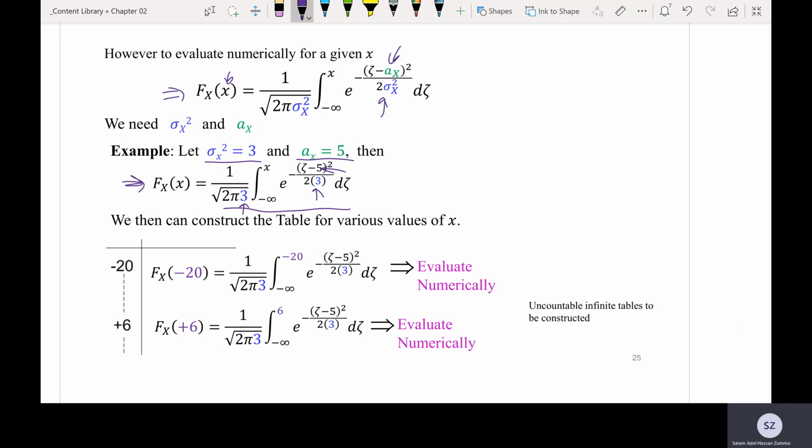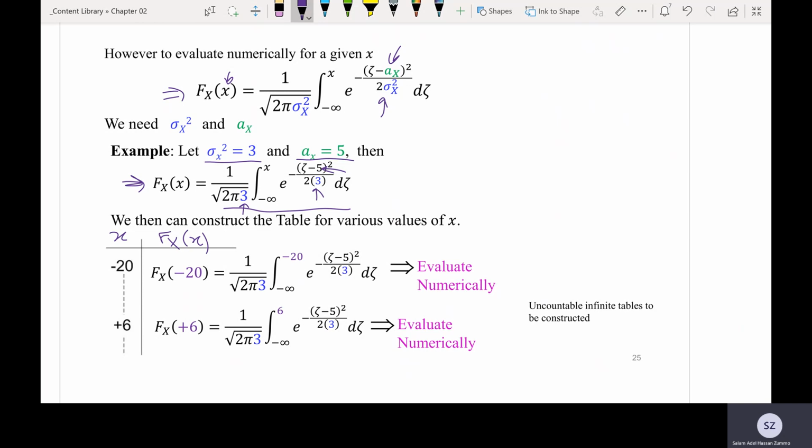Then we construct a table. So simply solve this numerically. Numerically means what? For x, I get the value. For x equal minus 20, I calculate the value at minus 20, and so on. Now, what do I get? I got a table, right?